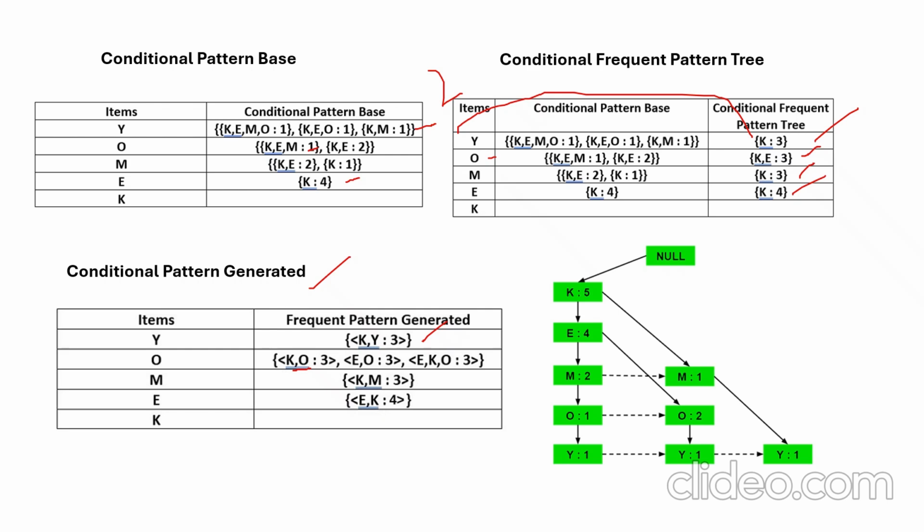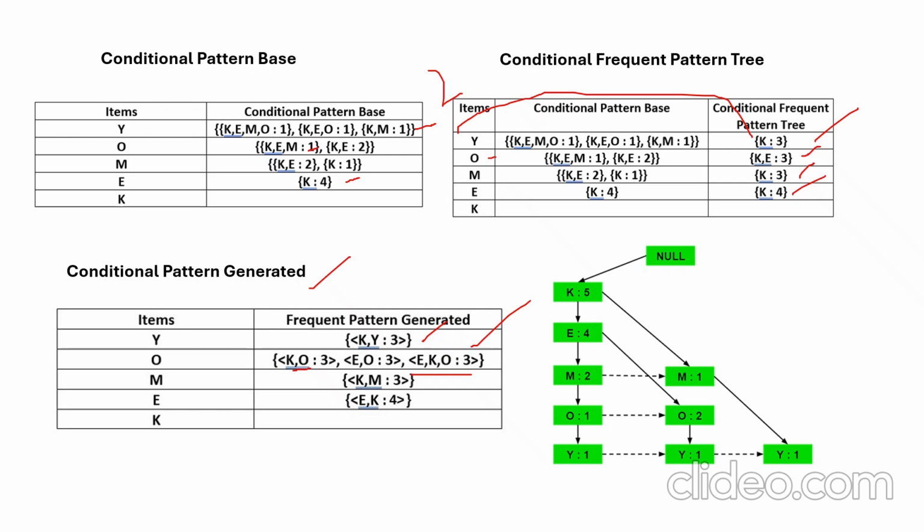But if we take the combination E comma K comma O, what will be the support count? You can see here how many paths you have to reach O. When you look into it, you have K, E, M. So you have this path here.